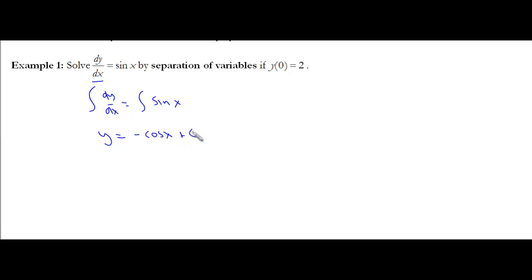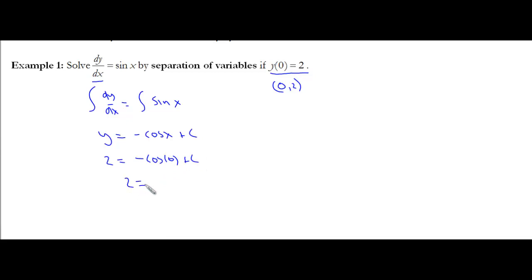The way you solve for c is by using this initial condition right here, y of 0 equals 2. Essentially we have the ordered pair (0, 2), and we're going to use that to solve for c. So when y is 2, x is 0, and cosine of 0 is 1.